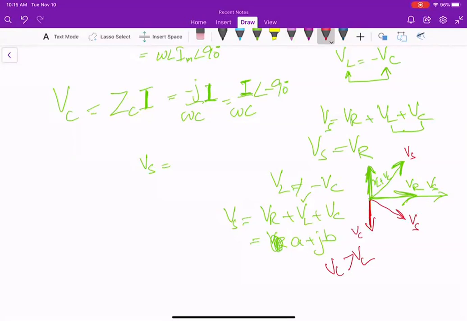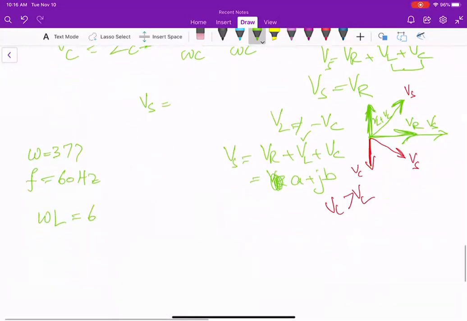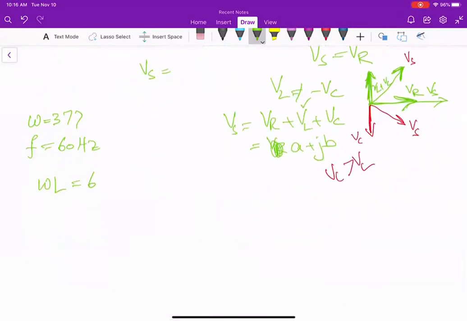So it depends upon the quantity. In this case, they have found that your omega is 377 or your F is 60 hertz, and they said that omega L is 6 and 1 over omega C is 2. Which means that 6 is greater than 2, so it will have the inductive effect.